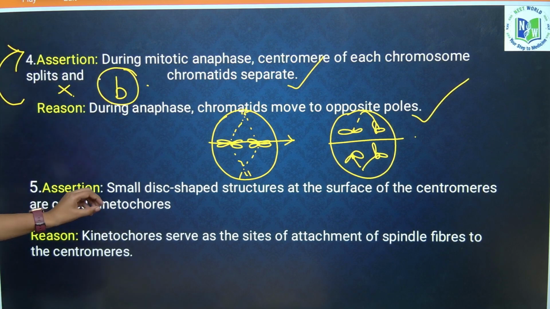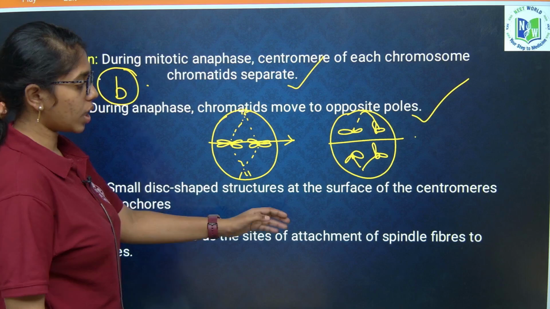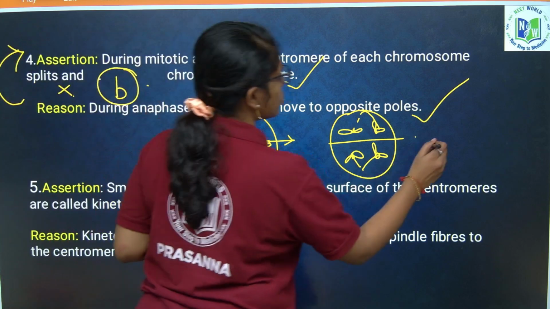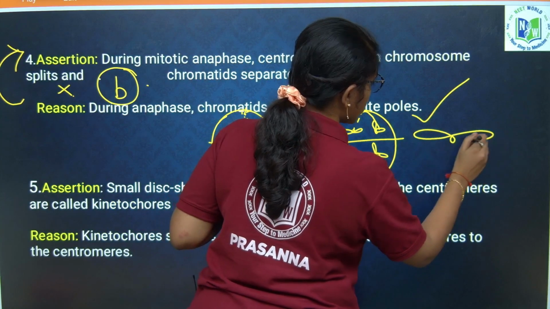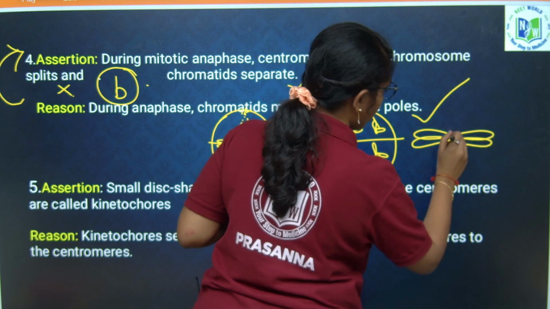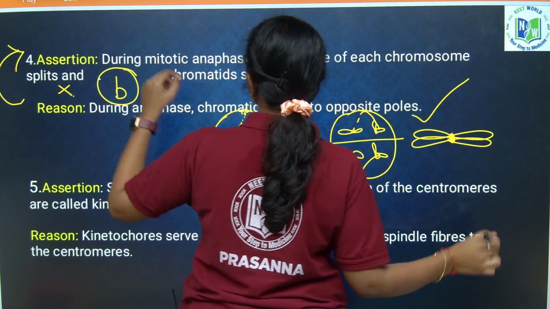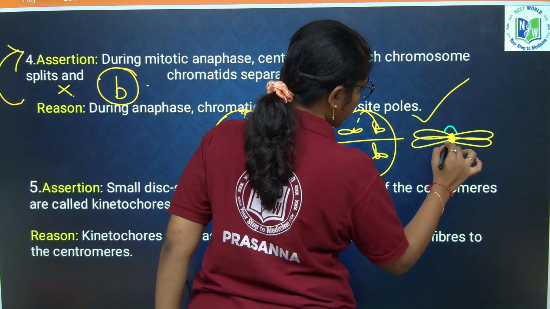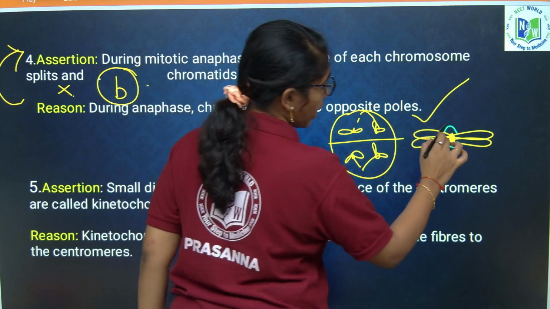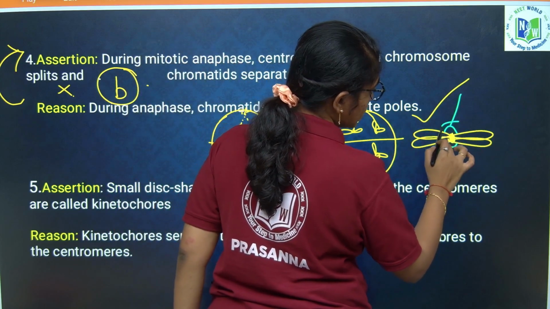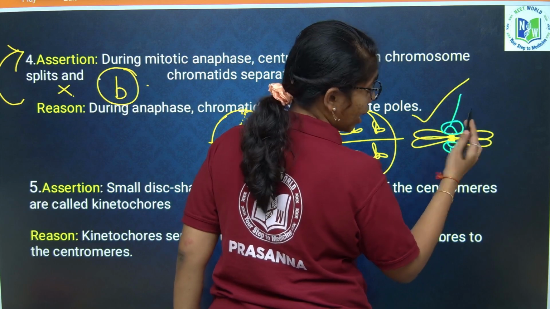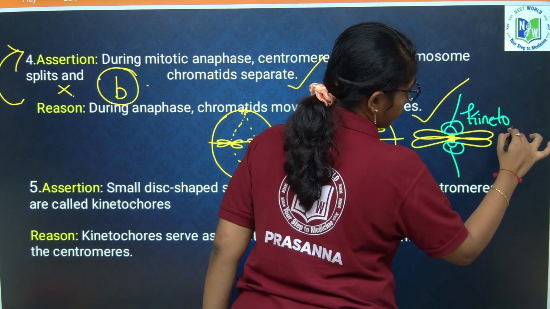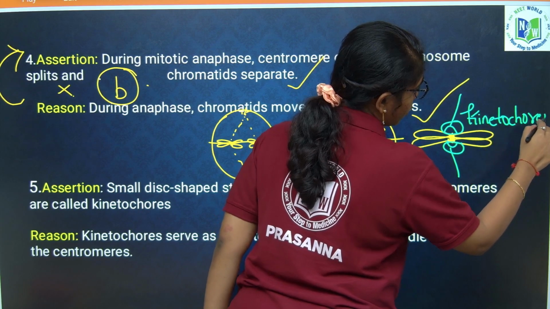Okay. Next question. Small disc-shaped structures at the surface of centromeres are called kinetochores. Small disc-shaped structures at the sides of the centromere, to which the spindle fibers are attached. These disc-shaped structures are called kinetochores.